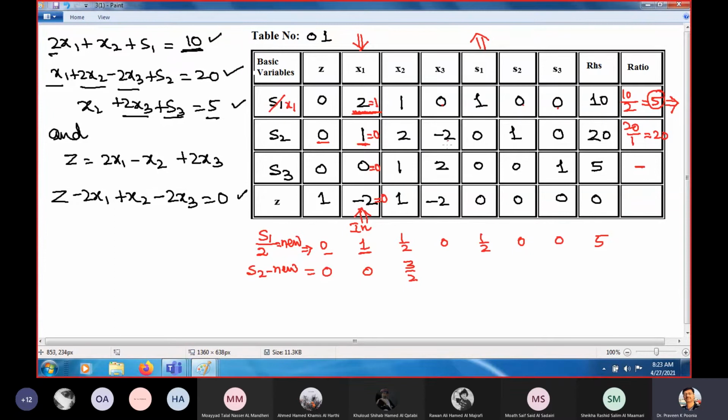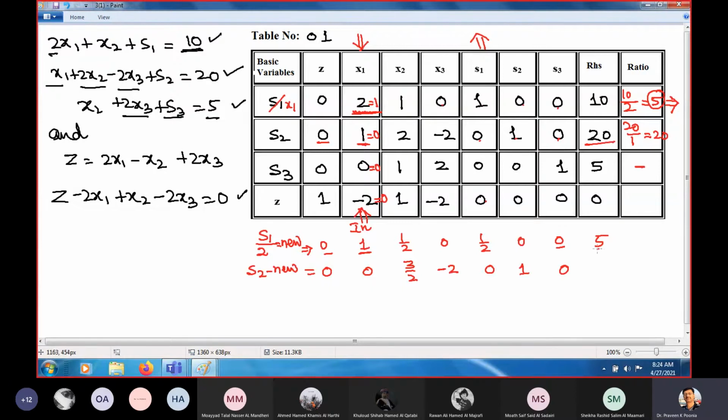Clear? Now minus 2, this is minus 2, and here is 0. Minus 2 minus 0 is minus 2. 0 minus 0 is 0. This is 1, minus 0, 1. 0 minus 0 is 0.